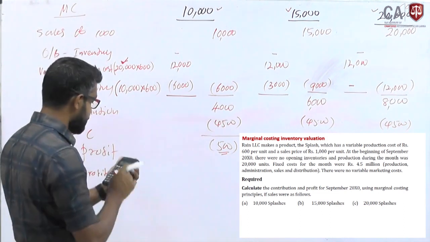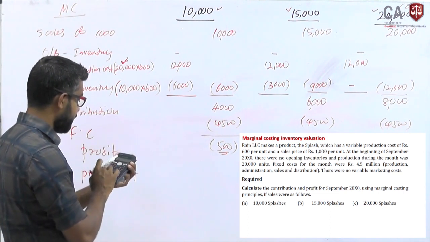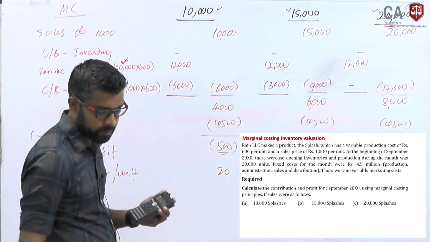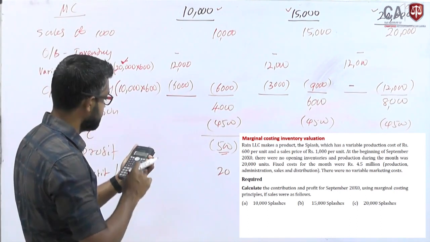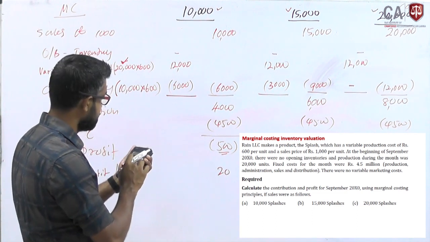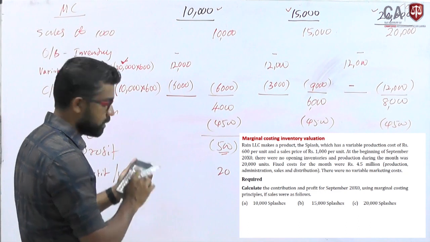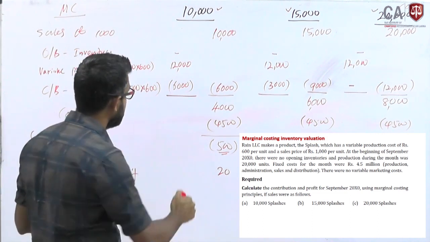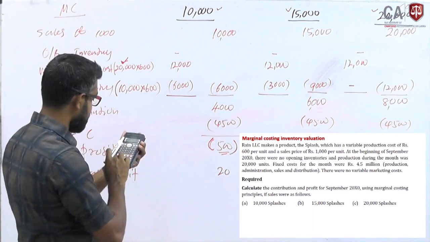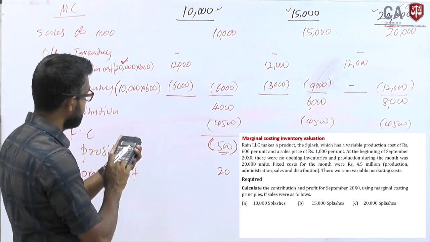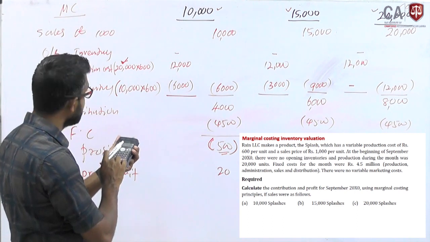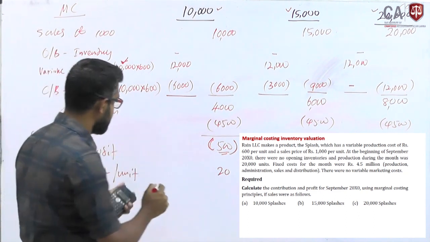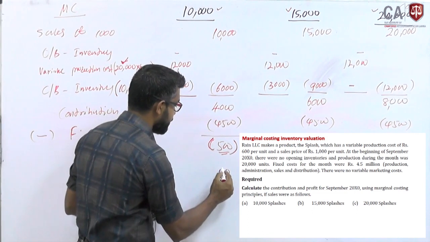There is a loss here, 500 divided by 10,000 units, 50 loss.